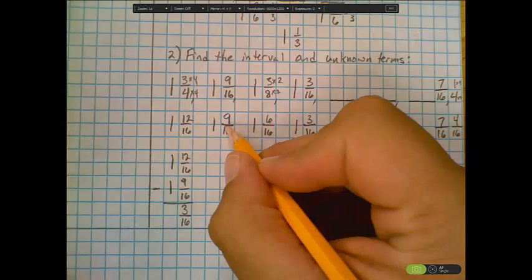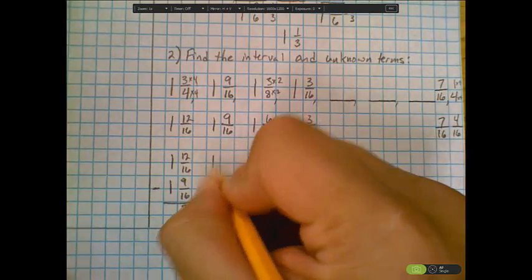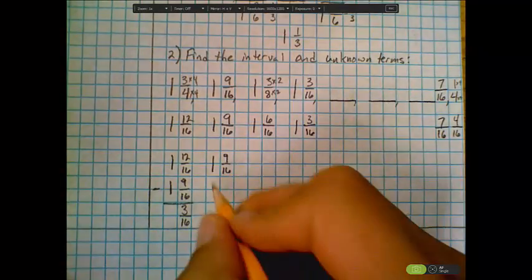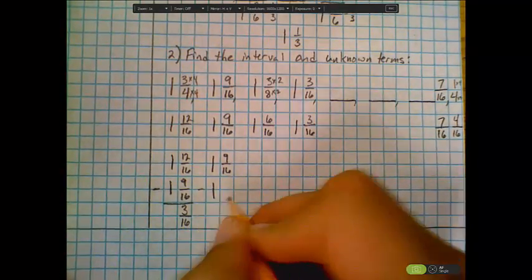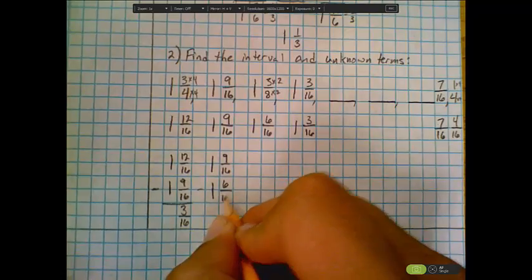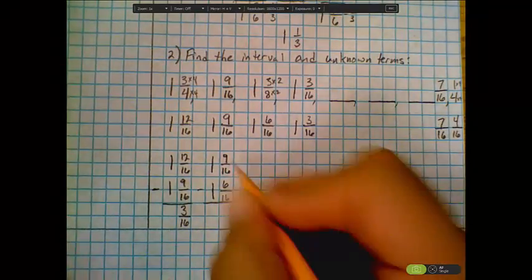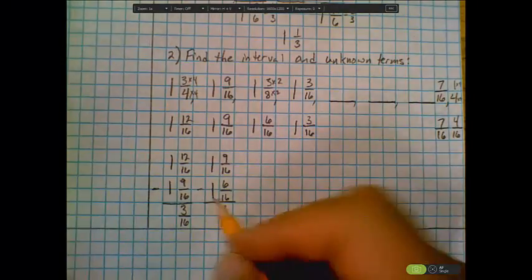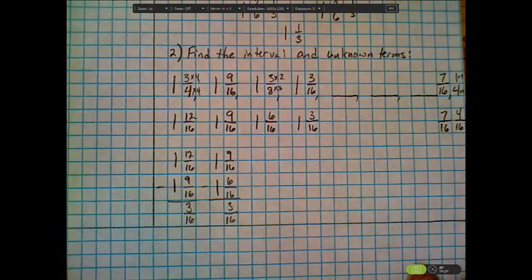So this is the next larger one, so we're going to do 1 and 9 sixteenths, and we're going to subtract 1 and 6 sixteenths. 9 minus 6 is 3, keep the 16. 1 minus 1 is 0. And so again, we see that that interval is 3 sixteenths.